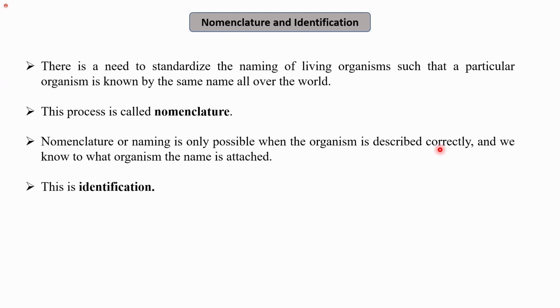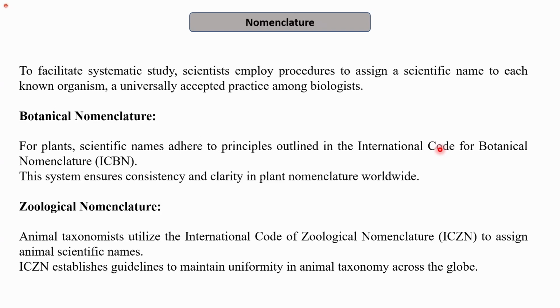Suppose I identified a new organism, how do I give it a name and what are the different rules reported in the literature to name a particular organism? Why did we require a nomenclature system?